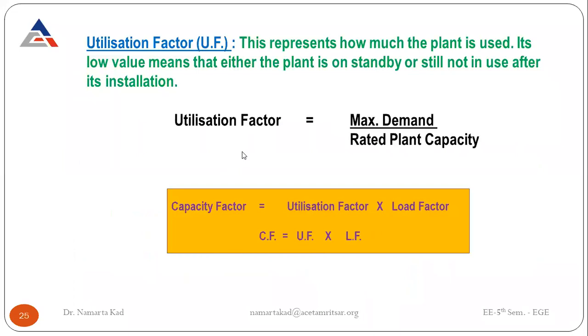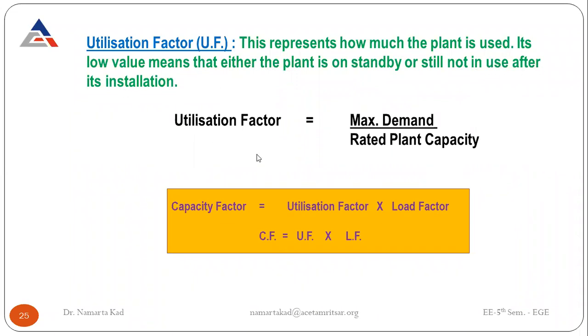Now one more formula. Next is the utilization factor. Just note it down: utilization factor. This represents how much the plant is used. Its low value means that either the plant is on standby or still not in use after its installation.